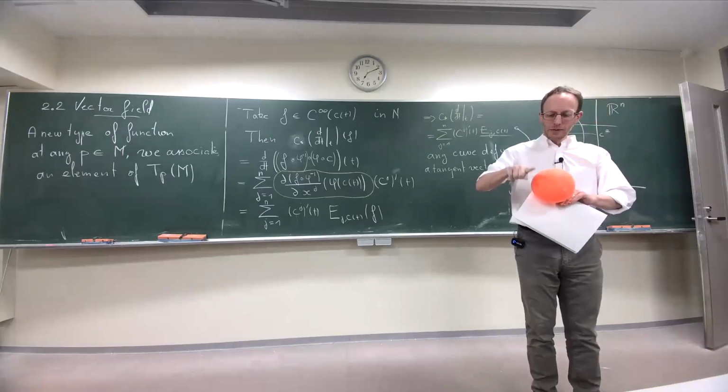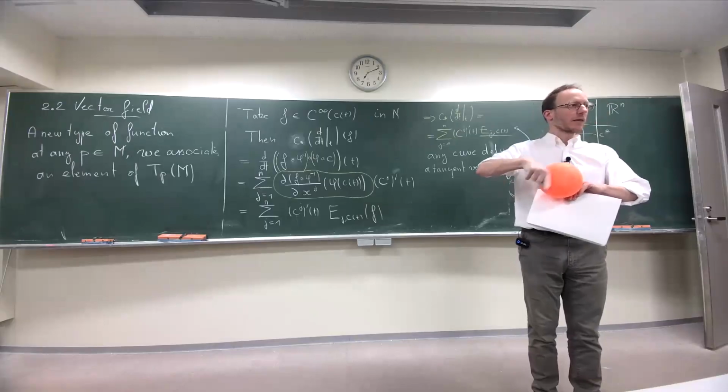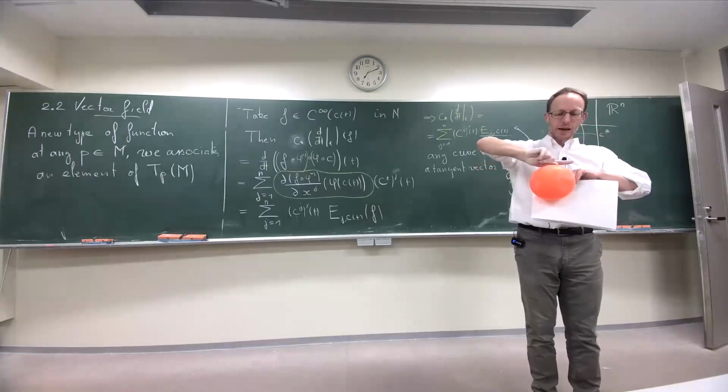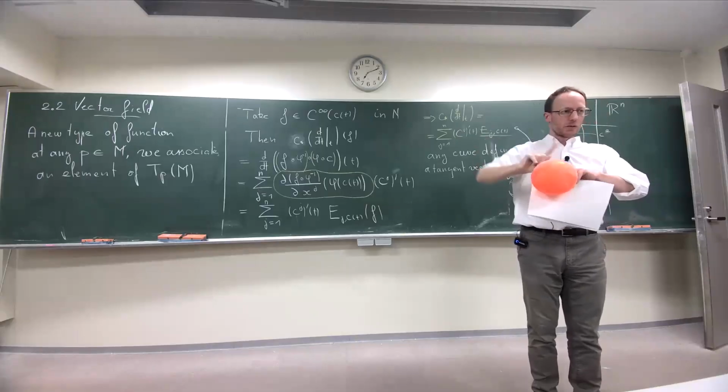And at every point, we associate one vector in this tangent space. So at a different point, we associate another vector in this tangent space and so on.